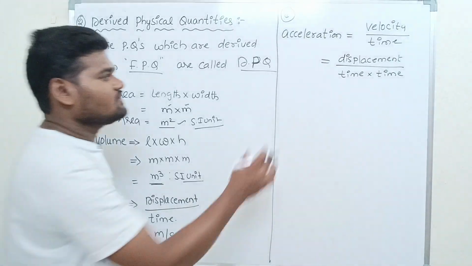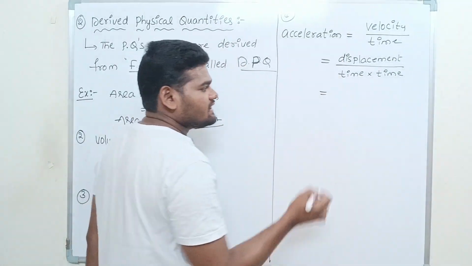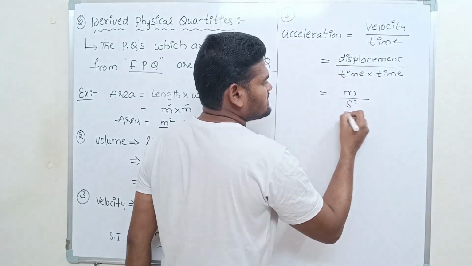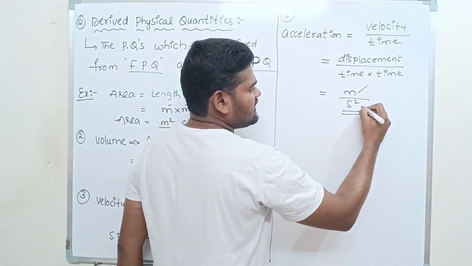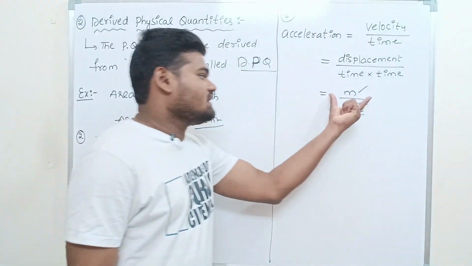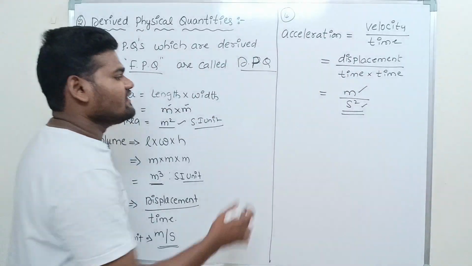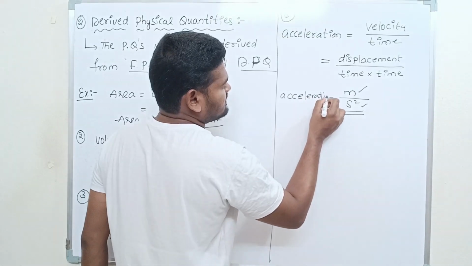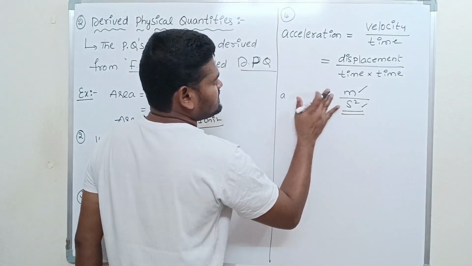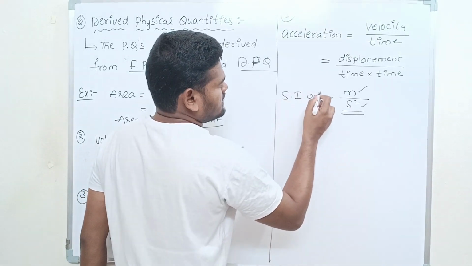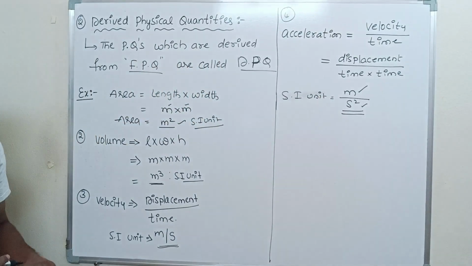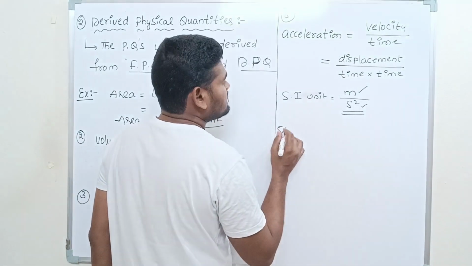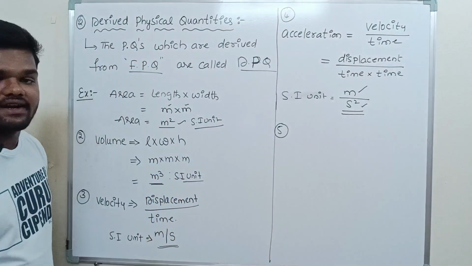Displacement is length, so the unit is meter divided by time into time, that is second square. Both are fundamental physical quantities, and the ratio of two different fundamental physical quantities gives another derived physical quantity, acceleration. The SI unit of acceleration is meter per second square. Likewise, we can write any formula using the fundamental physical quantities.